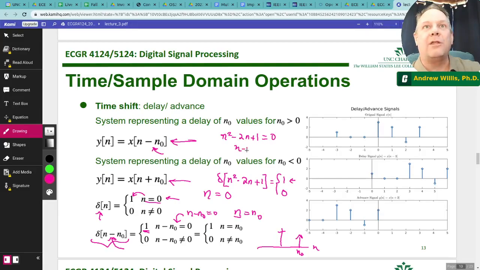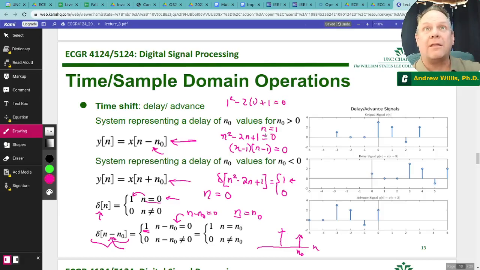This is n minus 1 times n minus 1. And so, in fact, it takes on the value 1 when n is equal to 1, because if you plug 1 in here, you have 1 squared minus 2 times 1 plus 1, and that's equal to 0.